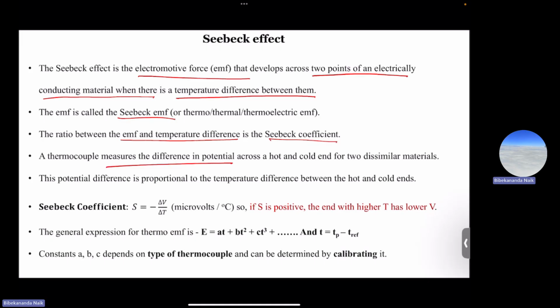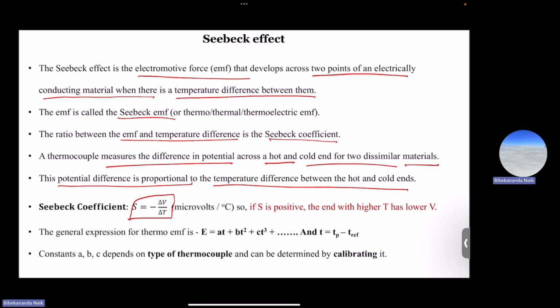It measures the difference in potential across a hot and cold end for two dissimilar materials, and this potential difference is proportional to the temperature difference between the hot and cold end. So this coefficient is delta V by delta T, the change in EMF over the temperature difference. What is the potential difference produced across the two terminals when the temperature difference is delta T?